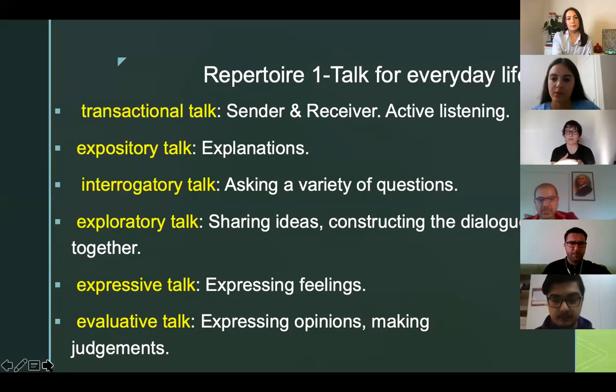It's for making explanations. What about interrogatory talk? As the name suggests, it's about questions. And exploratory talk refers to sharing your ideas, whereas expressive talk is about expressing your emotions. And finally, evaluative talk is for expressing your opinions.